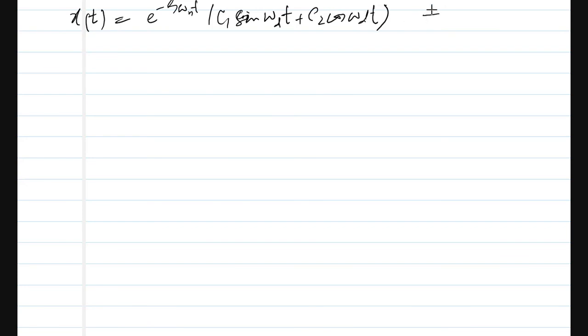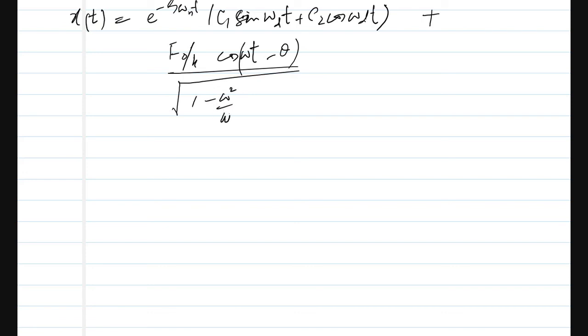Going back to our previous total solution of the forced vibration, which is e to the power minus zeta omega n t, C1 sine of omega d t plus C2 cos of omega d t, plus f naught over k cos of omega t minus theta divided by the square root of 1 minus omega squared over omega n squared, whole squared, plus 2 zeta omega by omega n, whole squared.